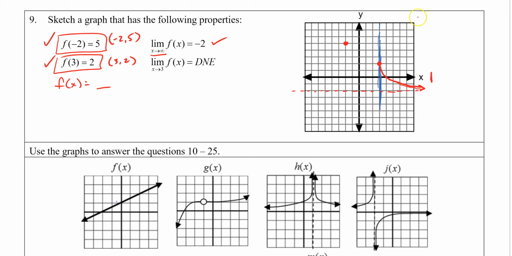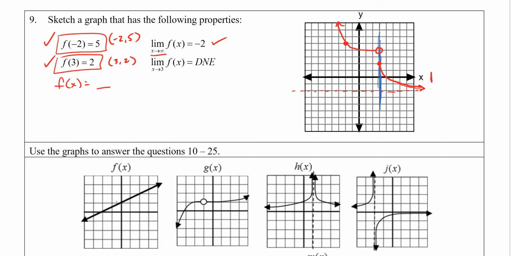Okay? So I need the other side to not approach this value. You can go anywhere else, just not here. So I'm going to draw an open circle right above it. And actually, I might go a little bit higher, like up here. So now we have two different values, and then all I have to do is draw some sort of graph that goes away from that.